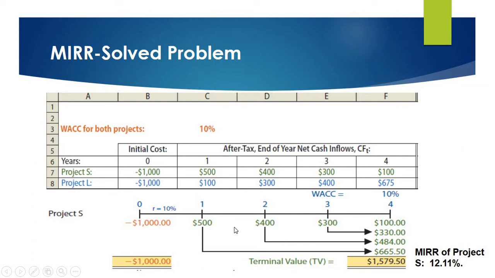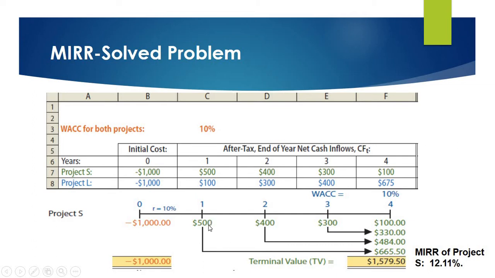All the cash inflows and initial investments are in million. So the future value of this 500, which will be generated in year 1, is $665.50 at a 10% compounding rate.